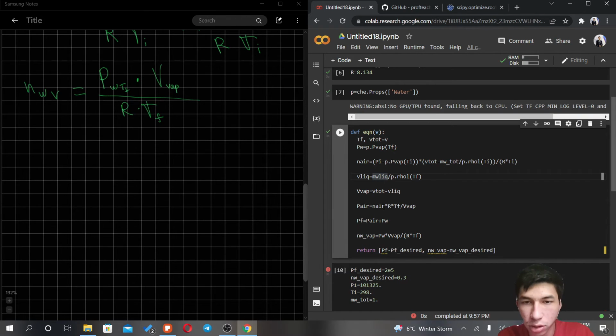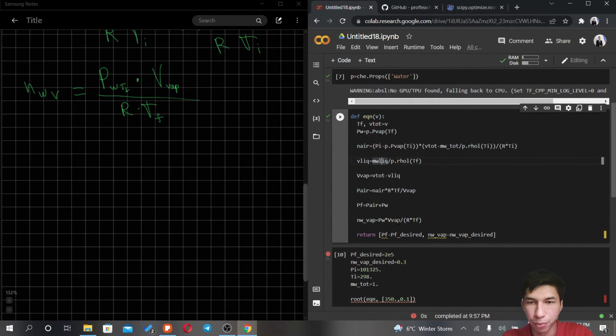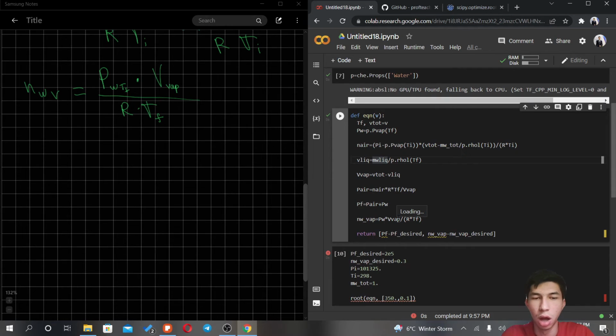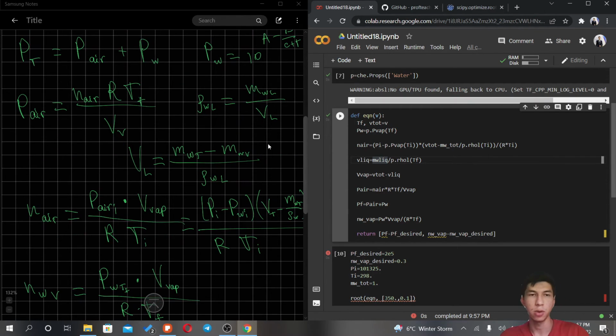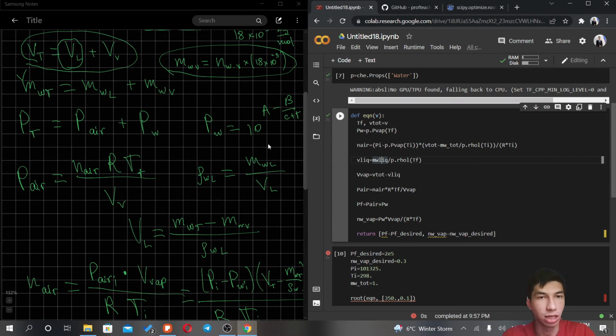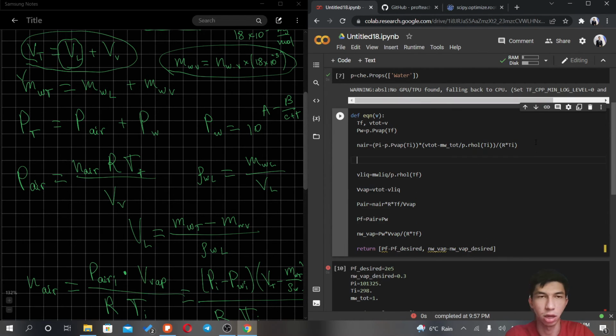We might have used two different things in two places, so that might be causing a problem. Okay. Oh, actually, we forgot to use one more equation here. We know the mass of the liquid, so here we can add one more equation.